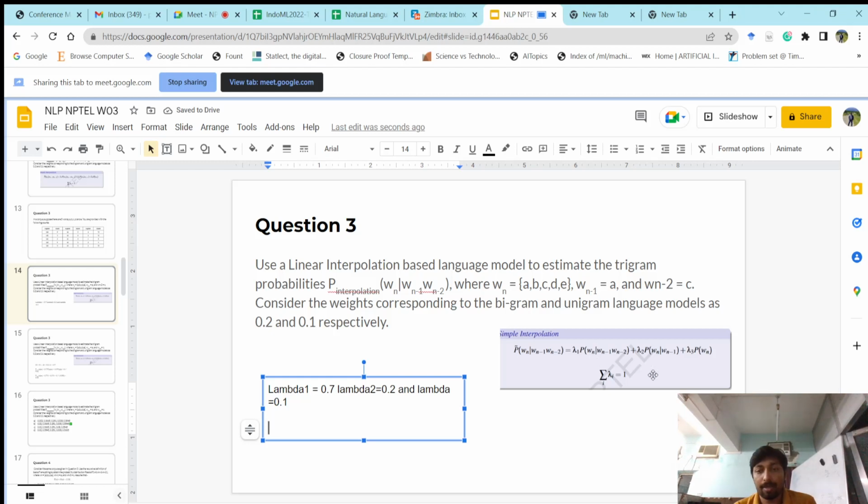Let us first do one case: P of A given wn minus 1 is A, wn minus 2 is C. This interpolation you have to find. We are doing it for the first case, where wn is equal to A.